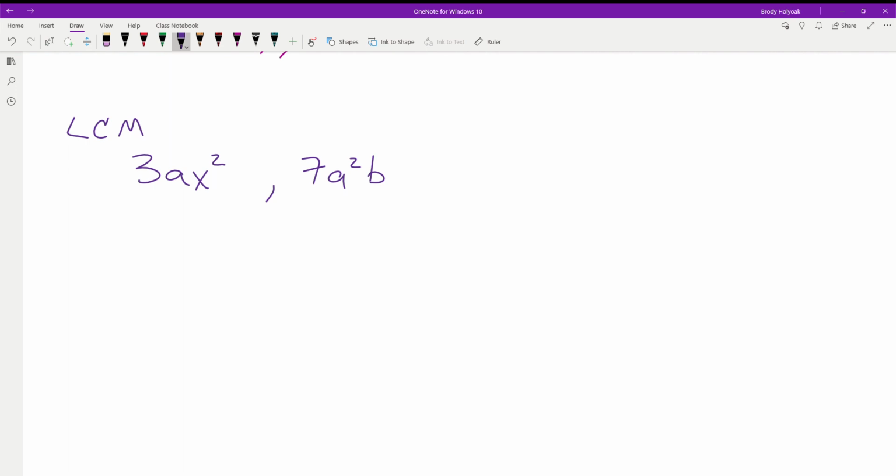If we were just to brute force this, we take everything multiplied by everything else. So we have 3 times 7, which is 21, a times a squared, which is a cubed, b, x squared. If we just brute forced it, that's the value we would get. Now, that could be the lowest multiple, but we always should check to see if there is a smaller one, just because it's going to make our answers easier to simplify later.